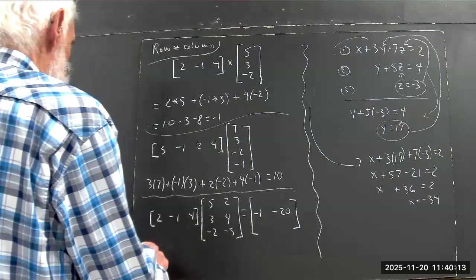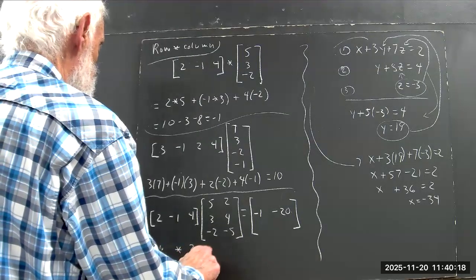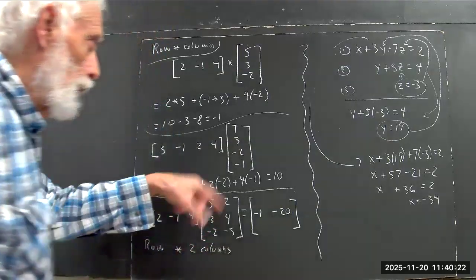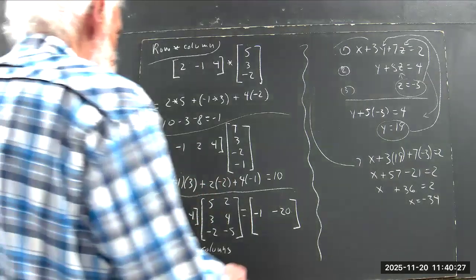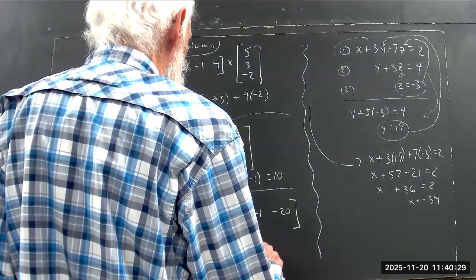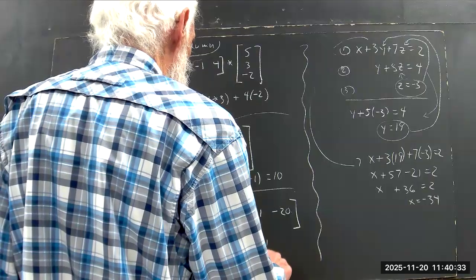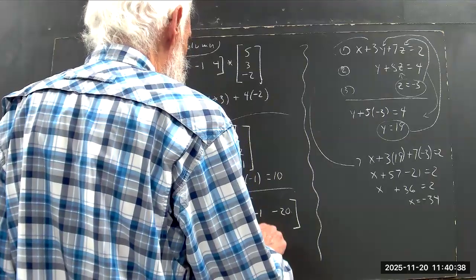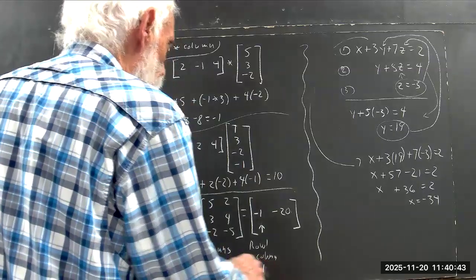Okay, so what I have is a row multiplied by 2 columns. Is that clear? So here's what I get when I multiply row 1 by column 1.